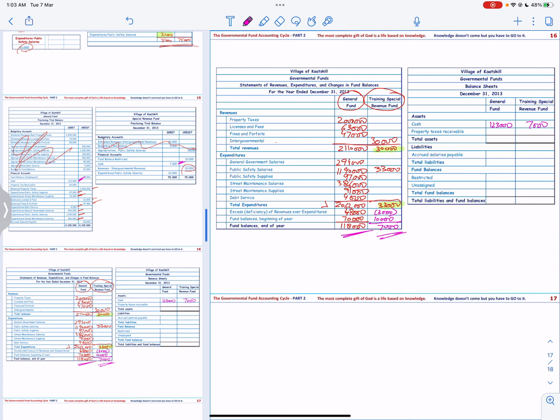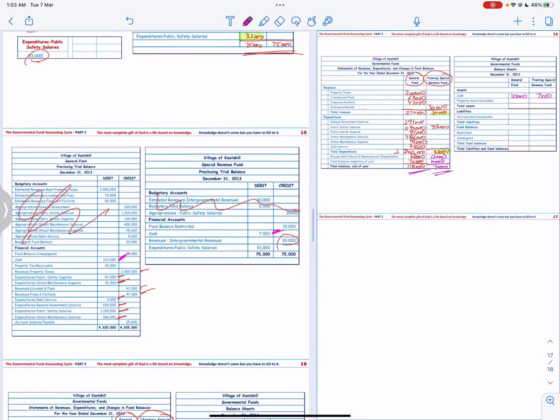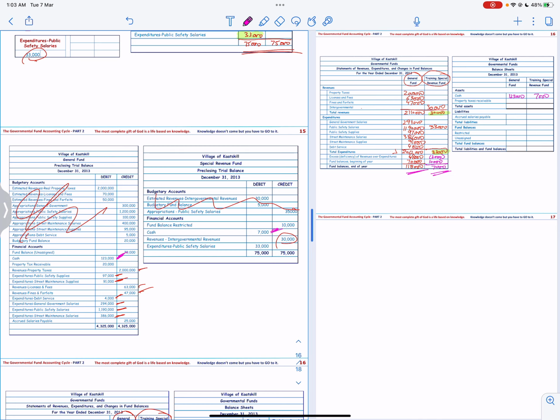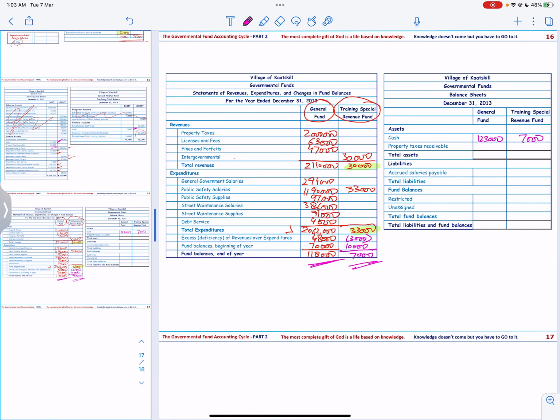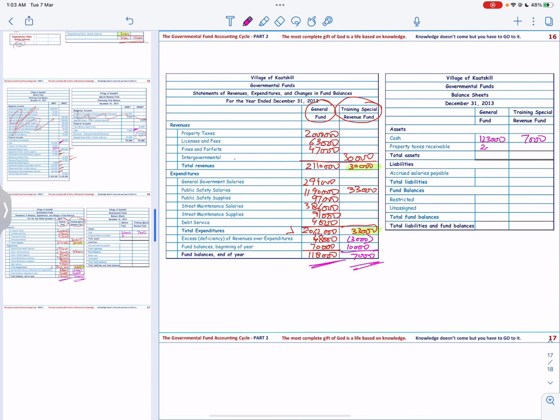Then we have property tax receivable, and property tax receivable is 20,000. There are no receivables for training and special revenue, so we have 7,000, and this will be 143,000.